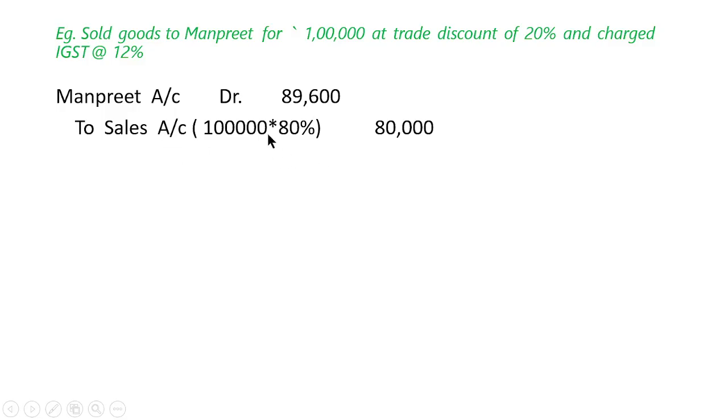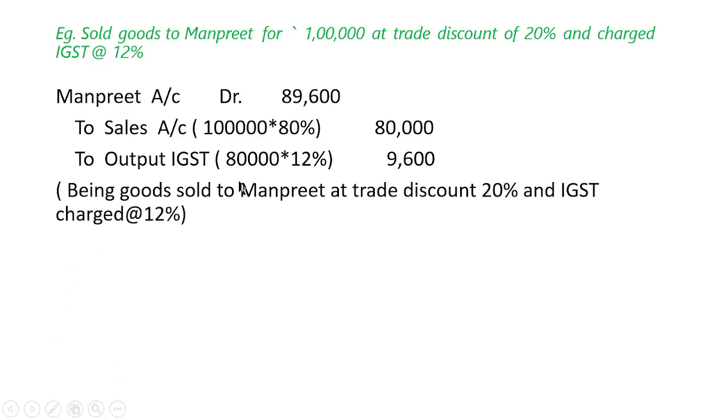Sale account is 1 lakh into 80%, 80,000. Output GST, that is liability towards government, is 80,000 into 12%, 9,600. So total amount receivable from Manpreet is 89,600. In that sales account is 80,000. GST liability is 9,600. Being goods sold to Manpreet at trade discount of 20% and IGST collected is 12%.